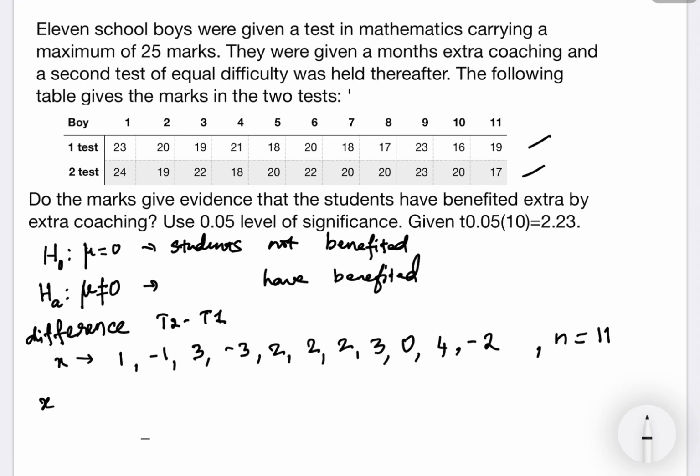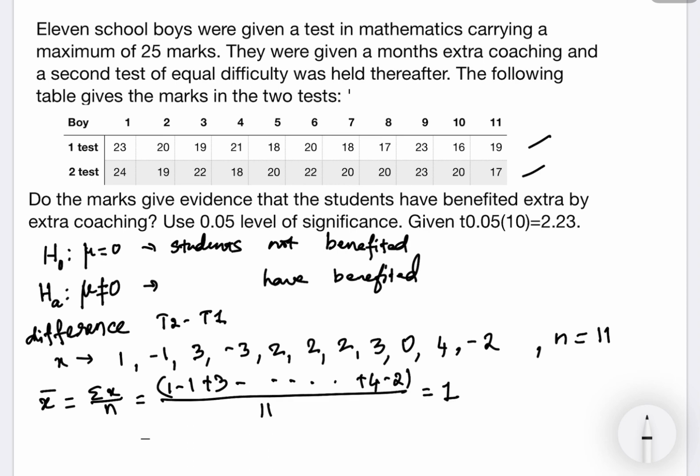We will find the X bar again using summation X over N. And it is 1 minus 1 plus 3 minus so on plus 4 minus 2, divided by 11, and it is found to be equal to 1.